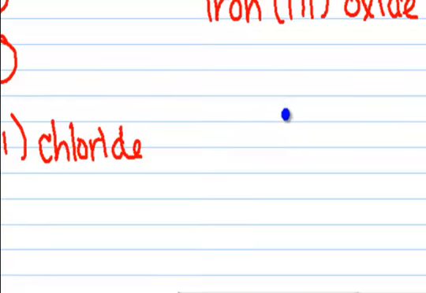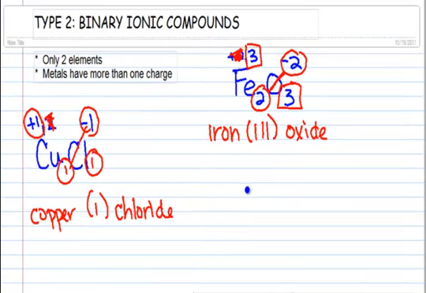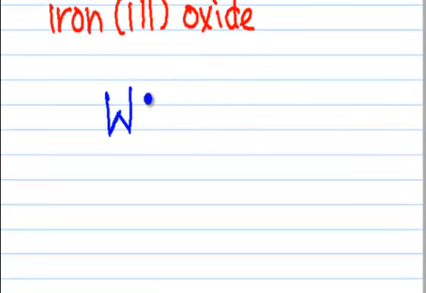What if I did something like this? W N Q. Let's look at that. Okay? So, I look at this, I say, okay, this is tungsten, it's a metal. It has the charges. Oh my goodness, what charges does it have?